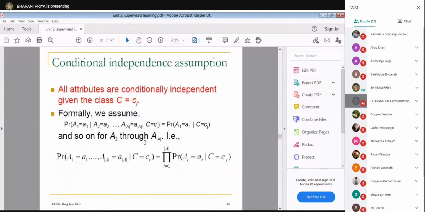Now we need an assumption that all attributes in the data are independent of each other.